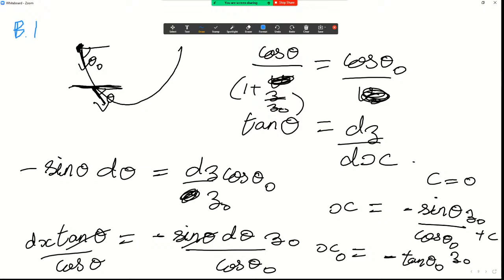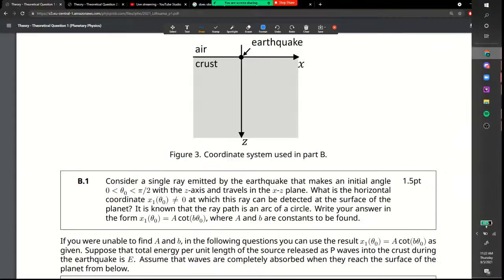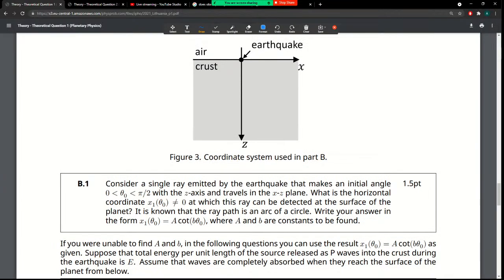So I think this is similar to this, but it is cot theta instead of tan theta. I think I have messed up in theta. Okay, let me do it again.